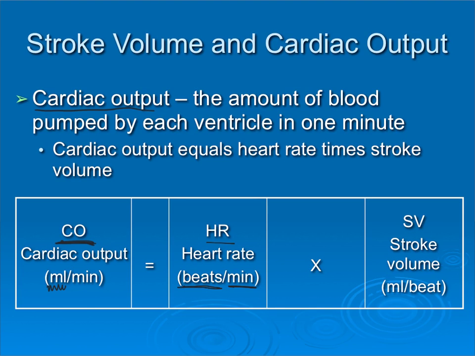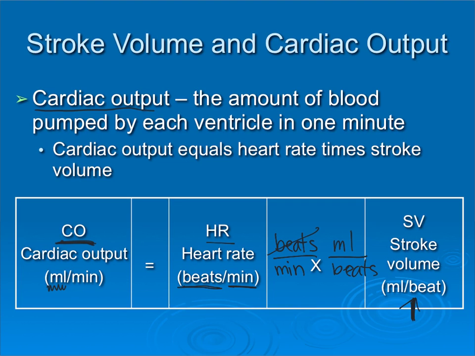I actually want to show this in a different way. The way that it really is, beats per minute is the heart rate. Stroke volume is the amount of blood that's going to be pumped out of each ventricle within each beat. What affects that, we talked about, was force of contraction. The stronger the force of contraction, the larger the stroke volume.